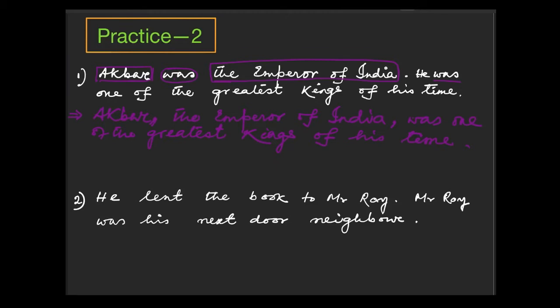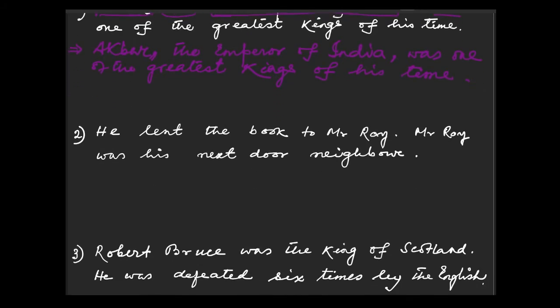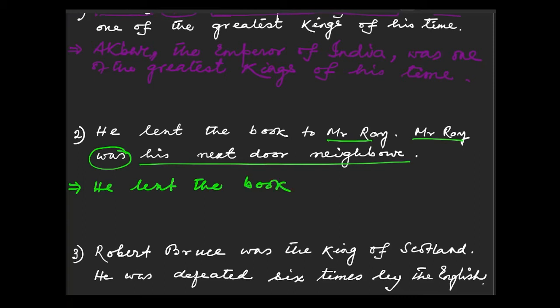Now go to the next question. He lent the book to Mr. Roy. Mr. Roy is who? Mr. Roy, his next door neighbor. This is was. Here, he lent the book to Mr. Roy. Noun, Mr. Roy. Who is Mr. Roy?